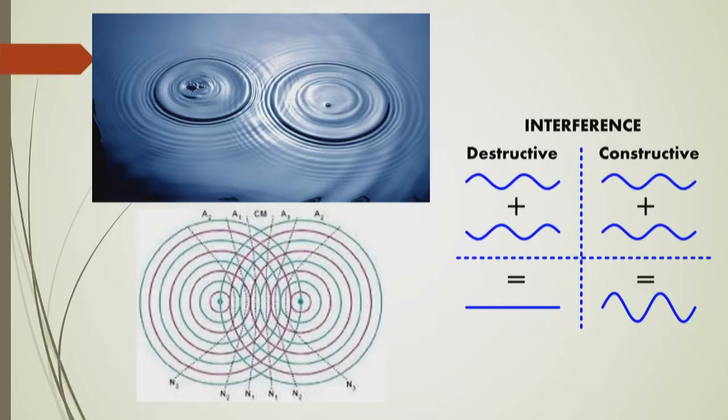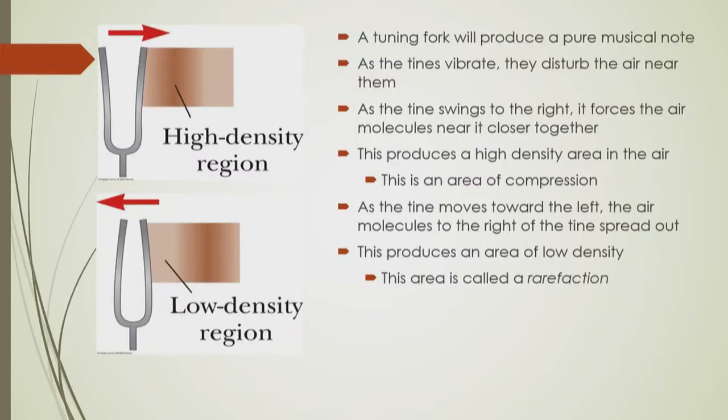Waves can pass through each other. Constructive interference, ultimately we're going to call resonance when we get to standing waves, because if I get constructive interference, I'm going to get resonance in my standing waves. With destructive interference, I can add waves together so that they either cancel each other out or increase.